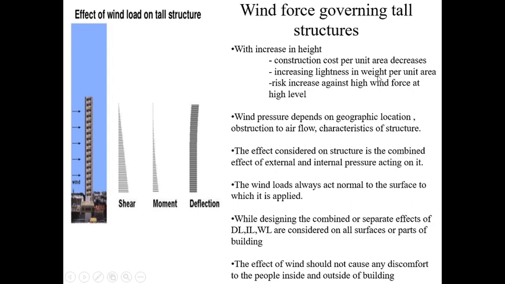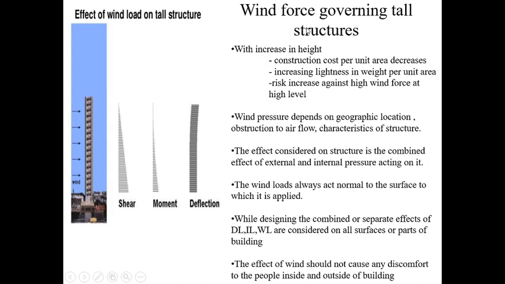So with increasing lightness and lower weight per unit area, we also see that there is a high risk, as it is a tall structure. We have seen that as the height increases, the effect of the wind on the upper parts increases. So there is a high risk against the wind forces at the higher level.